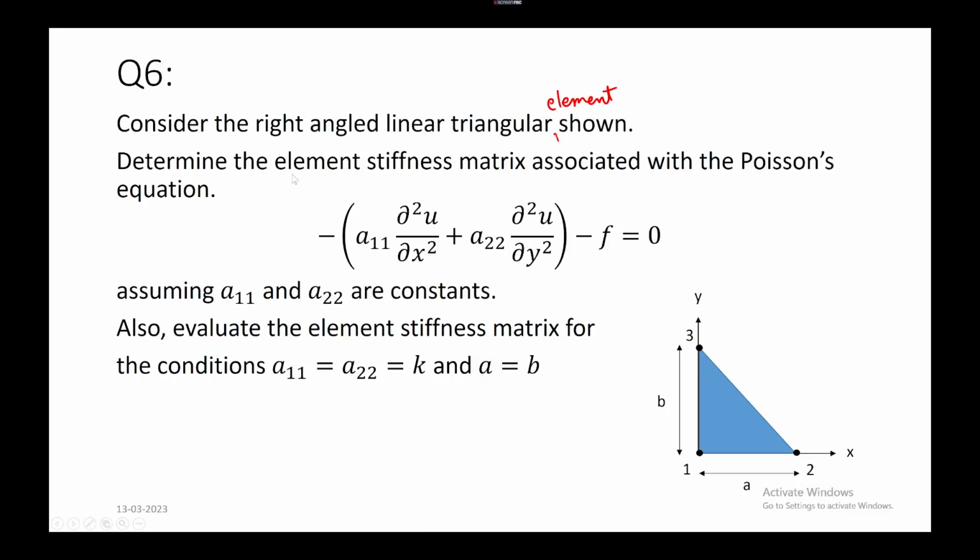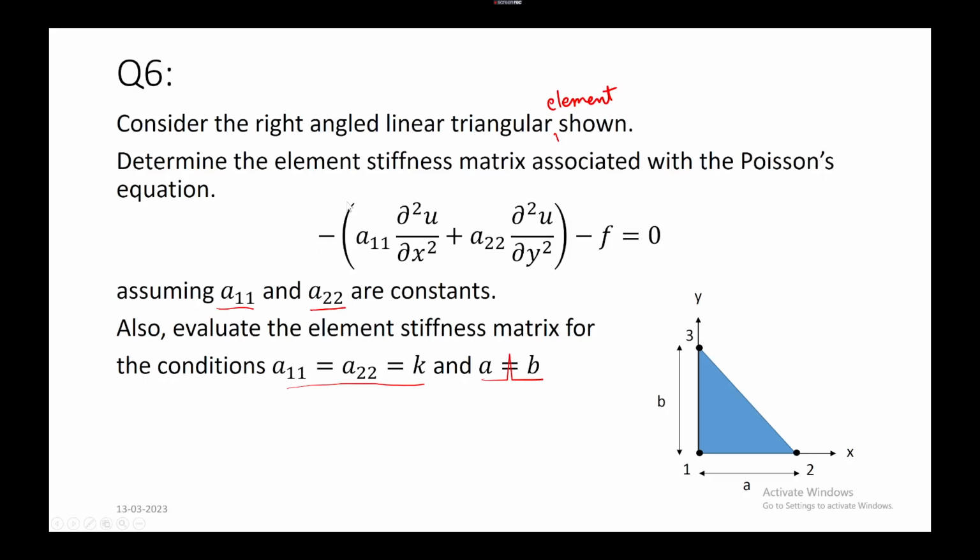First we need to take the weak form. First we have to do the weighted residual integral and then derive the weak form. So again they are assuming a11 and a12 are constants, and also evaluate the element stiffness matrix for the conditions a11 is equal to a22 is equal to k and a is equal to b.